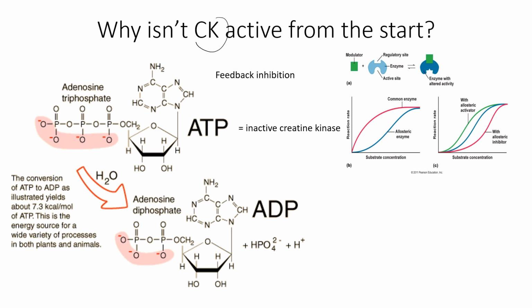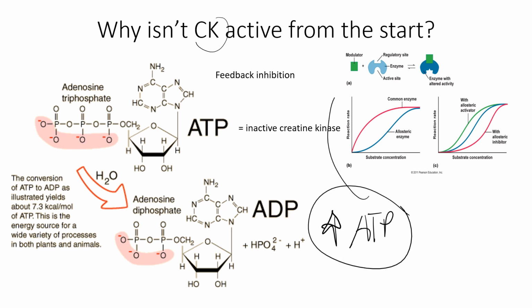The answer is, ATP levels were plenty high inside of the cell. When she was just in the blocks, the ATP levels were plentiful inside of her muscle cells. What ATP was actually doing is binding to creatine kinase and allosterically inhibiting it. Why would you need the phosphagen system running at a rapid rate when ATP levels are high?